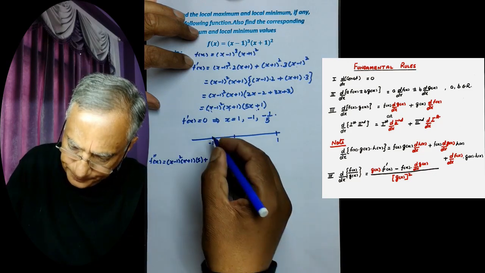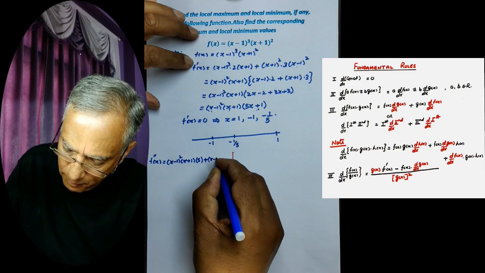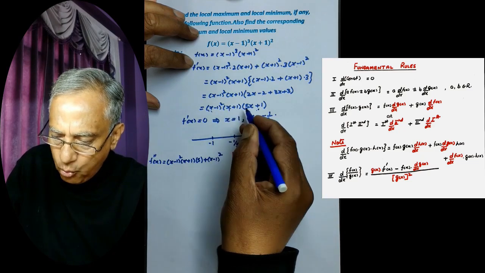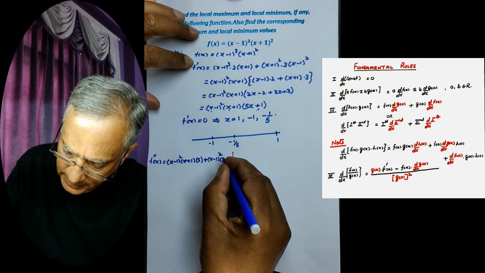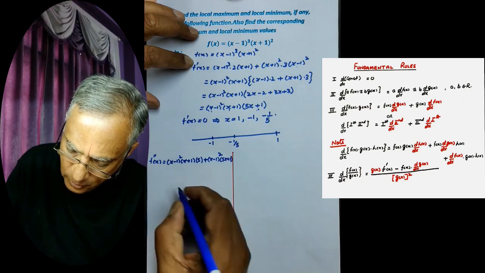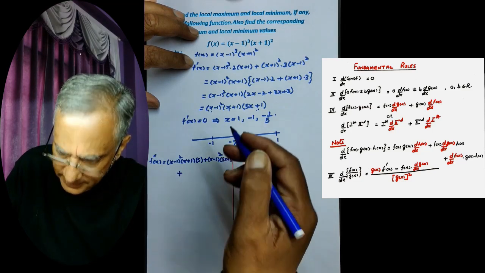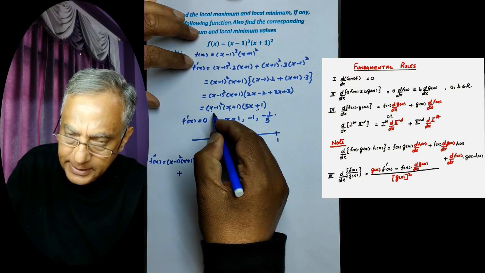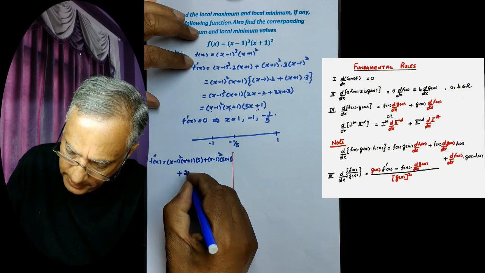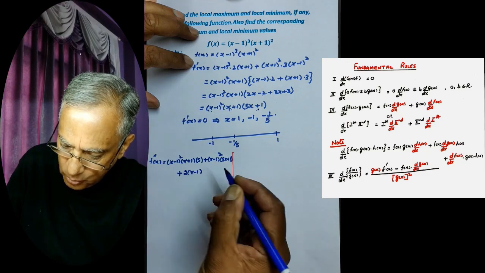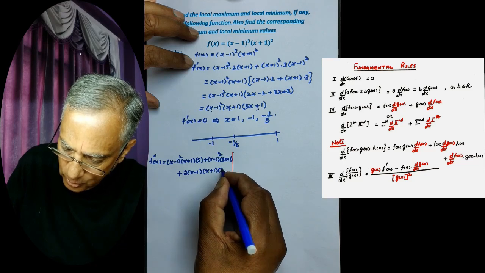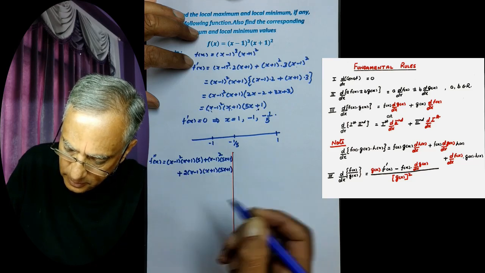plus (x minus 1) whole square into the differentiation of this, which will be 1, and we are left with 5x plus 1, plus next, we keep these two as they are and differentiate this. So this will be 2 into (x minus 1) into (x plus 1) into (5x plus 1).